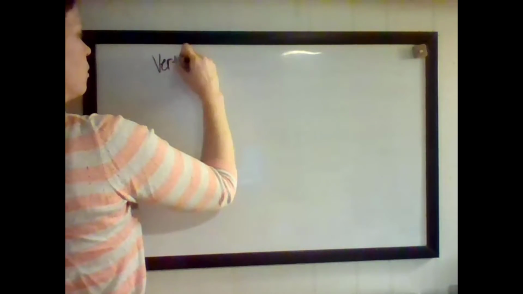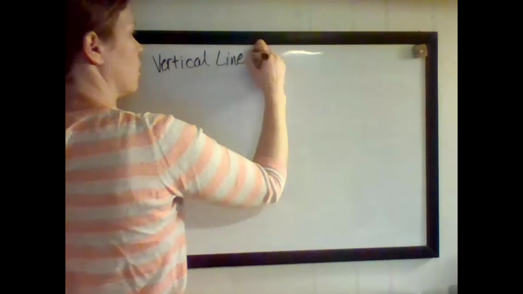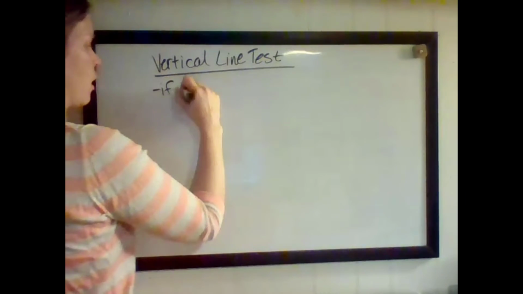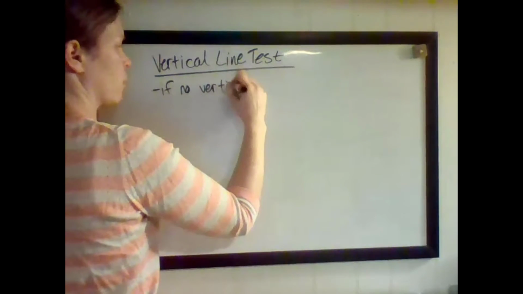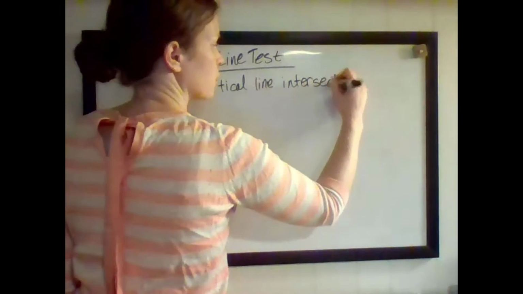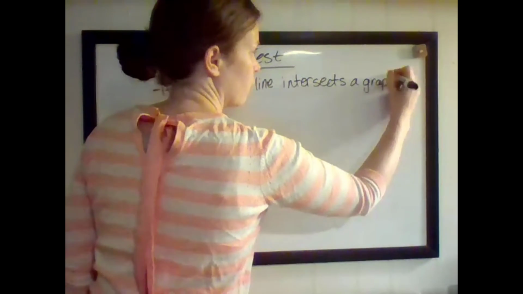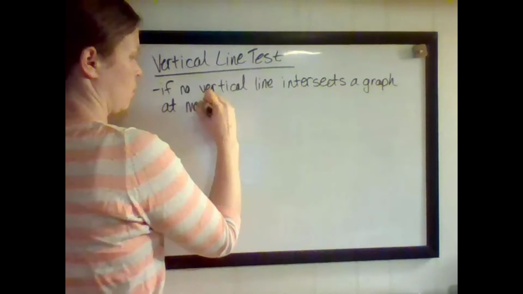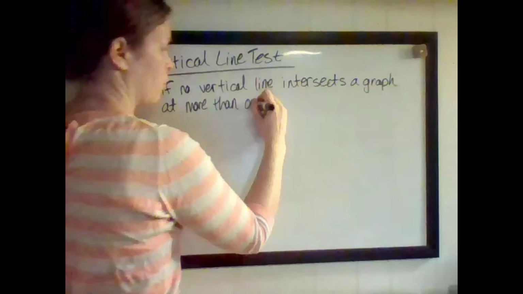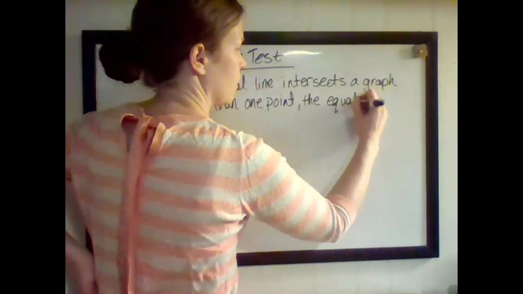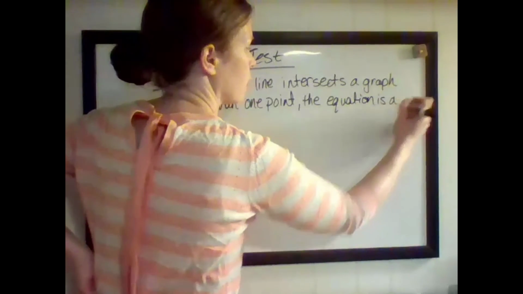The vertical line test says that if no vertical line intersects a graph at more than one point, the equation is a function.